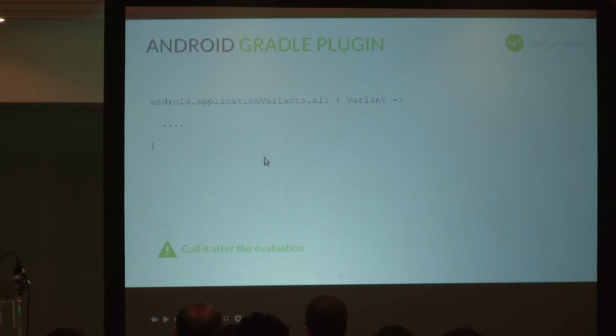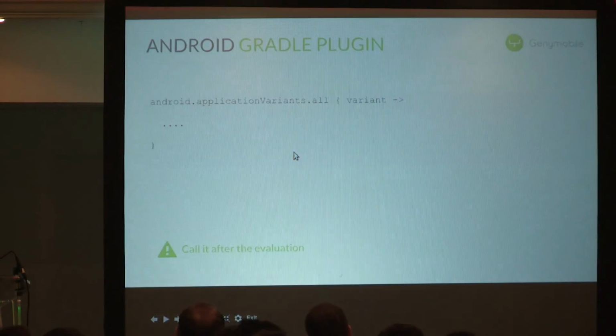An important point also, you have to call this line after the evaluation, because when you call application variant, it launches things inside the Gradle plugin that can make a big mess of your task creation if it's done too early.